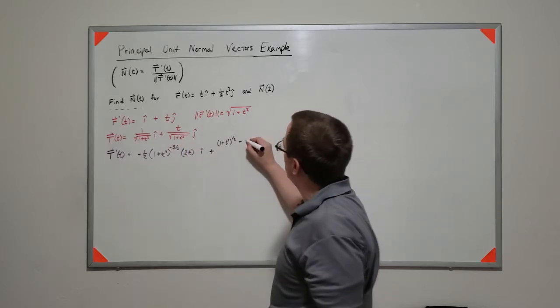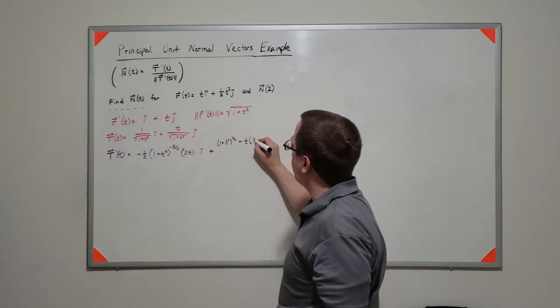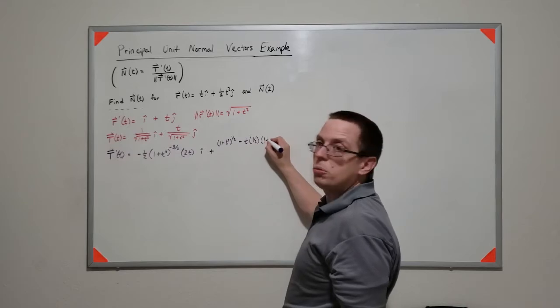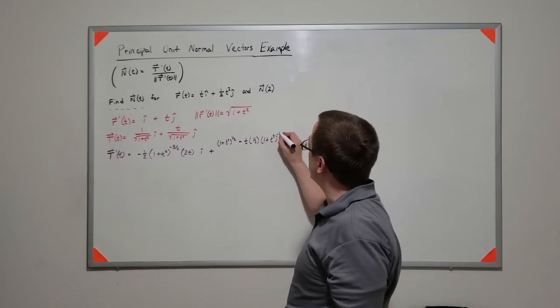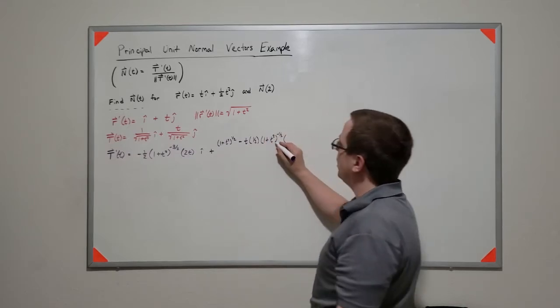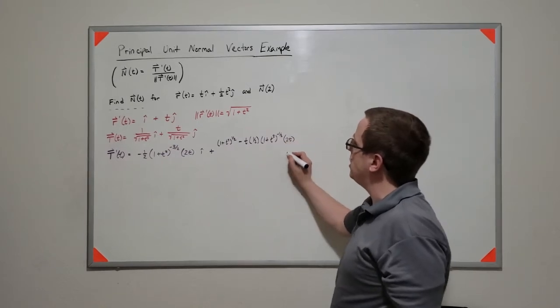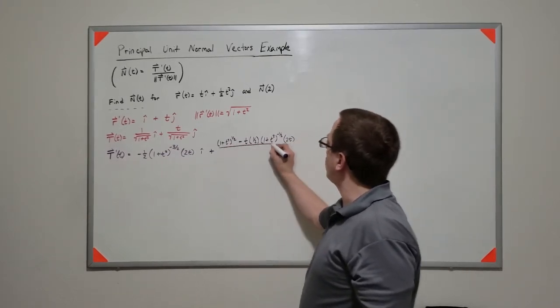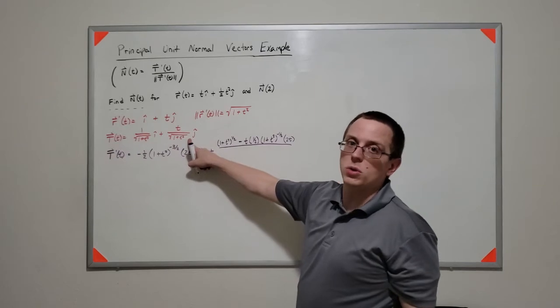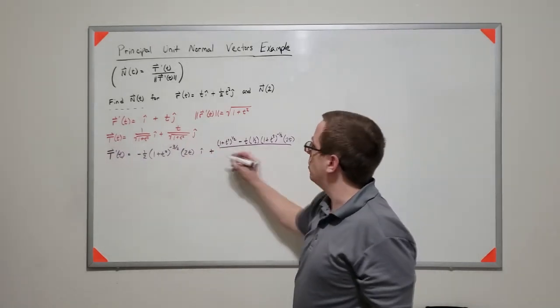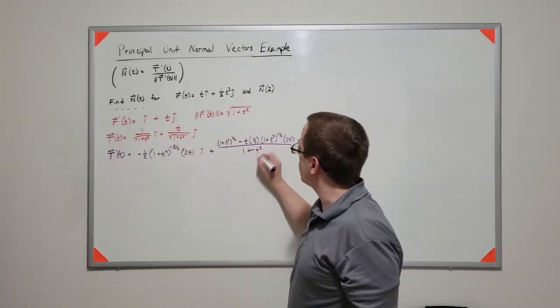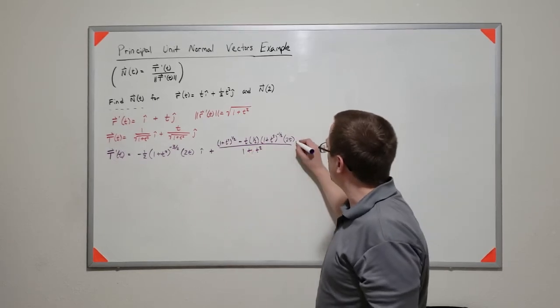So that's t times 1/2 (1 plus t squared) to the negative 1/2. Again, chain rule here gets me 2t, all over low times low. So then that's just 1 plus t squared. And that's j.